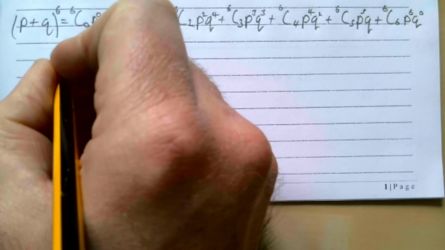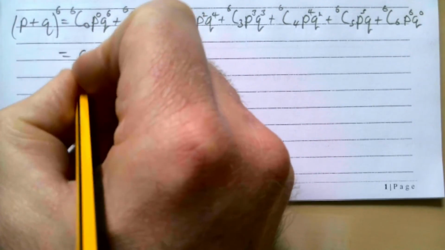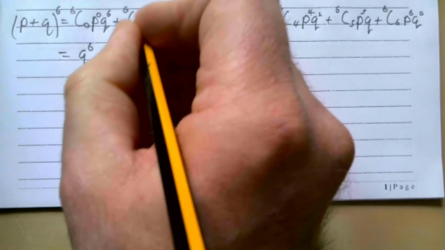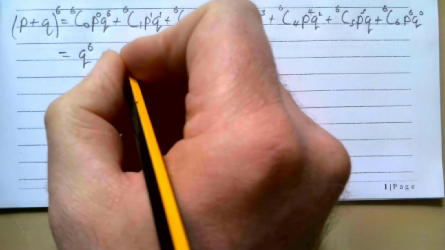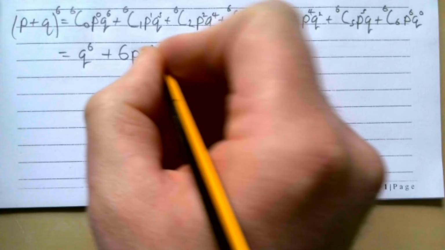Again, let's get our numbers. This one's always going to be a 1, so we have just Q to the 6 because the P to the 0 disappears, plus 6C1 would give us 6, so 6PQ to the 5.